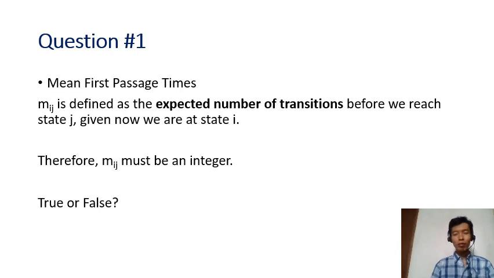Now here are some questions to check your understanding. Mean first passage time is defined as the expected number of transitions before we reach state J, given that now we are at state I. This is the definition that we've seen earlier. The statement is that, therefore, Mij must be an integer. Is it true or false? I will give you the answer after the pause on the video.